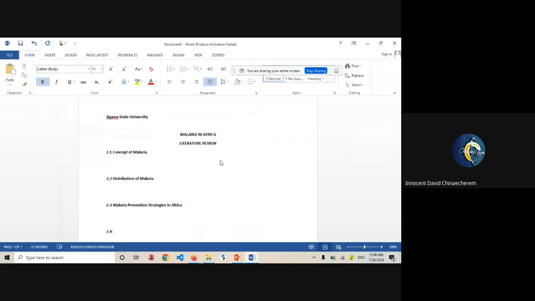So now, the idea is that all your headings are based on your own judgment, right? So if you give another person this same topic, the person might start 2.1 by maybe definition of malaria.